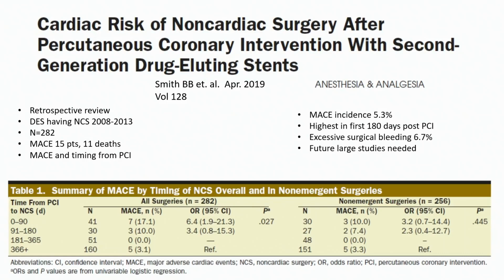And there was also a risk of excessive bleeding because these patients were on antiplatelet therapy. However, they concluded that future larger studies are needed. This was just an observational trial, and it was a small sample size. So larger studies are needed that can guide us into the best timing for surgery for patients that have stents. And we still don't have any randomized controlled trials that will answer that question.